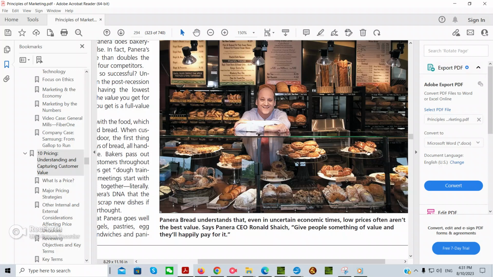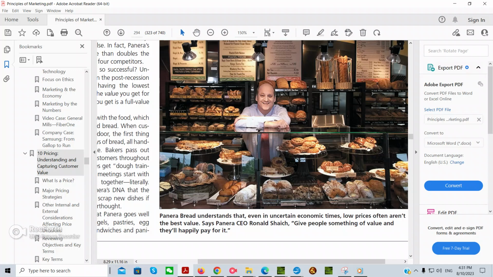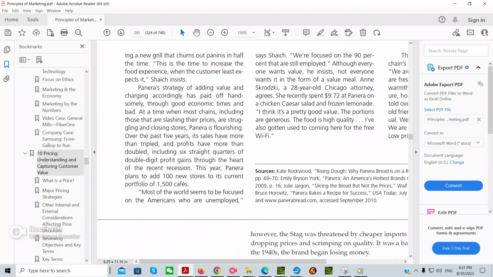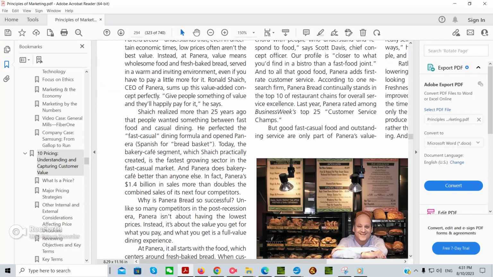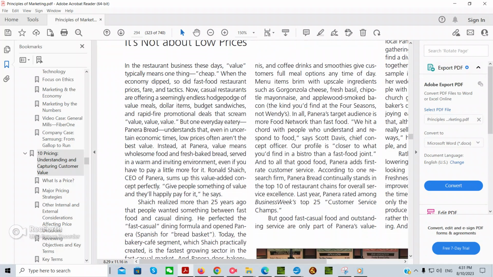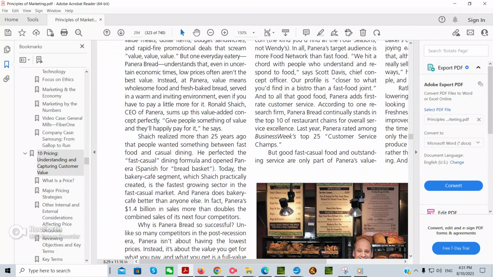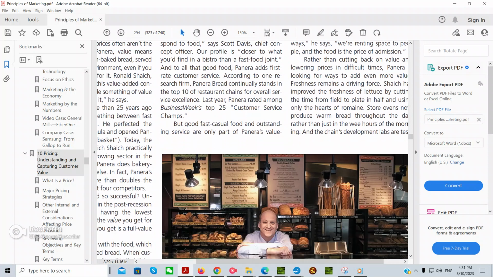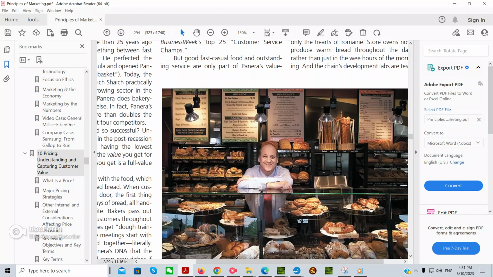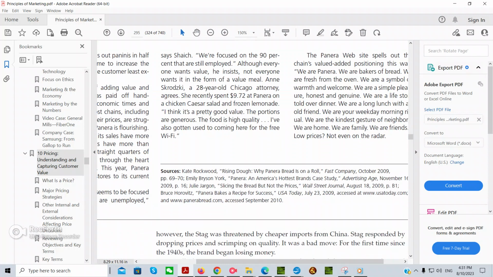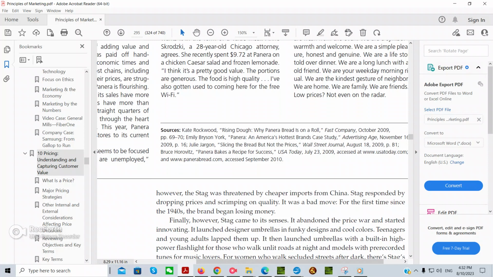It's also dine-in as well. And the ingredients and food are supposed to be better as well. Now, I encourage you to read the case example so you can understand exactly how they did it. But when you're focusing on quality and user experience, you can charge more, and people will be willing to pay more because they see the value.